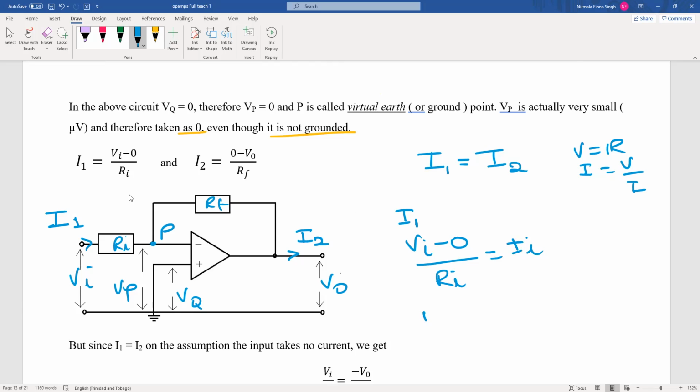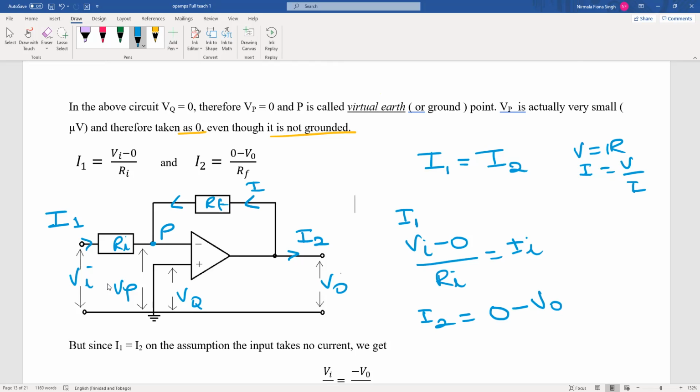Let's look at our output current. Our output current now, it's going to be 0 minus V naught. Why is it 0 minus V naught? Because our output current is both of these happening here. We're going to have our I2, these two values coming in. And since we have our voltage at P being 0, or approximated to 0, you're going to have 0 minus V naught.